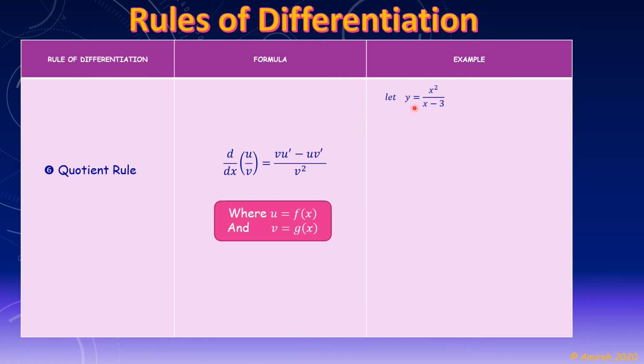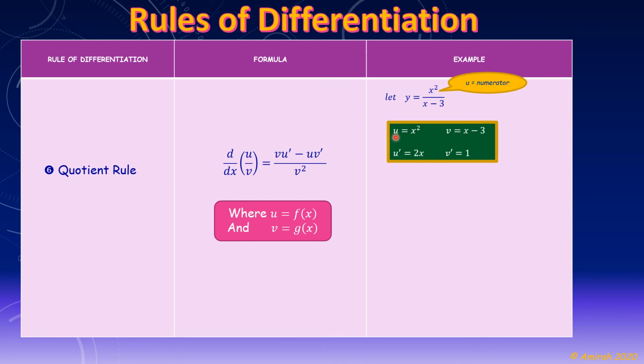For example, if we have y equals x squared over x minus 3, this is a division function or quotient function where the numerator has variable x and the denominator also has variable x. So what should we do? We can use quotient rule, and firstly we need to identify u.